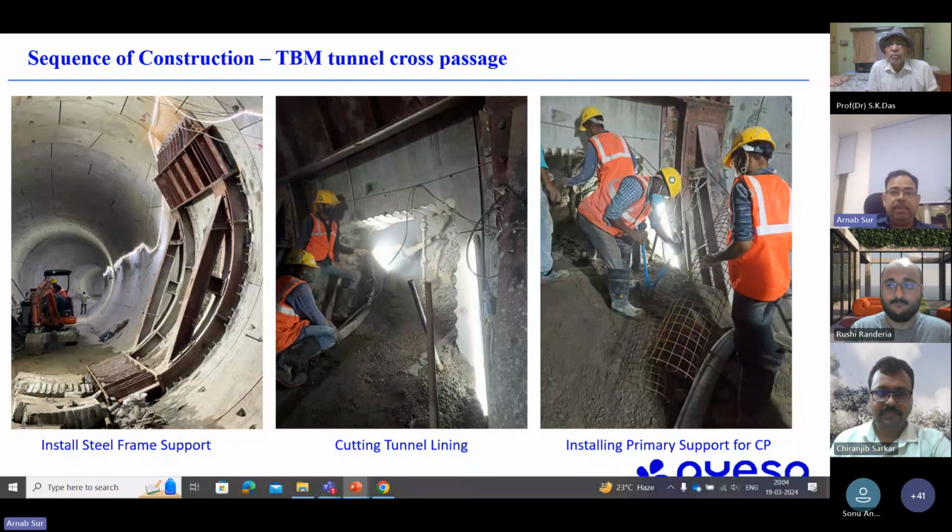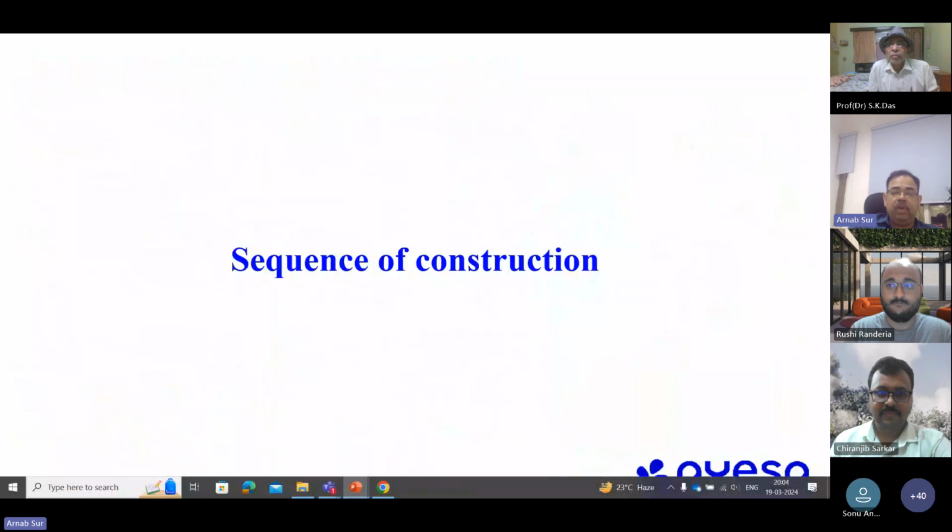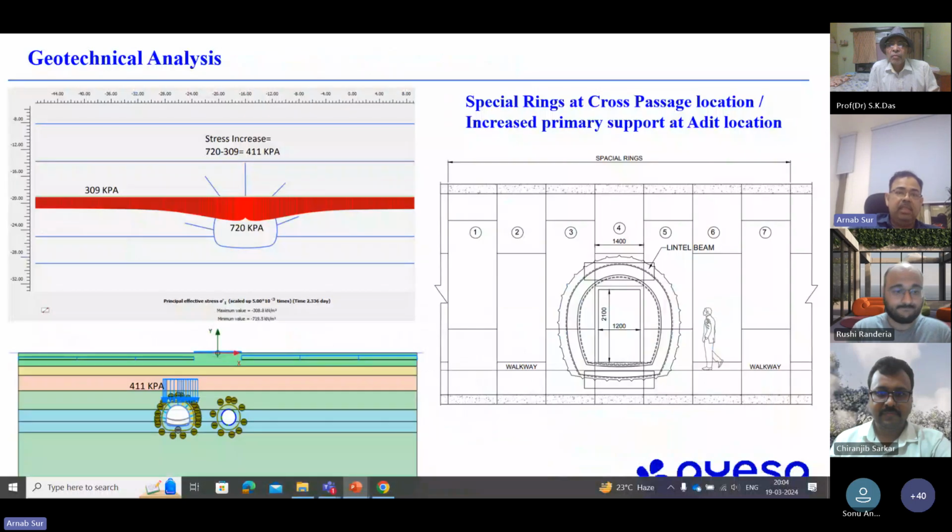Replying to the question, for that we need to do an analysis. Maybe we can make some gross increase in the forces, but that can be either overestimated or underestimated, because the additional stress that comes into this area depends on many factors: the soil properties, the depth of the tunnel, and the size of the passage we are creating.